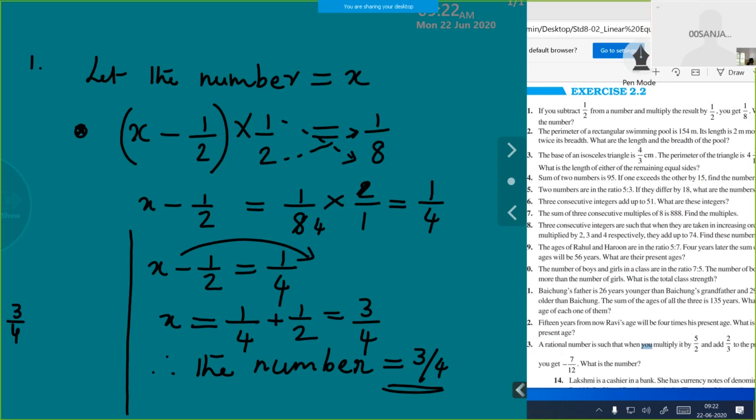So 3 by 4 minus half is going to be 1 by 4, right? Now 1 by 4 you multiply by 1 by 2. Are you getting 1 by 8? Because when you subtracted half from the number and multiplied the result by half, the answer should be 1 by 8. This is what the question says. It satisfies, right? So we can say our answer is correct.